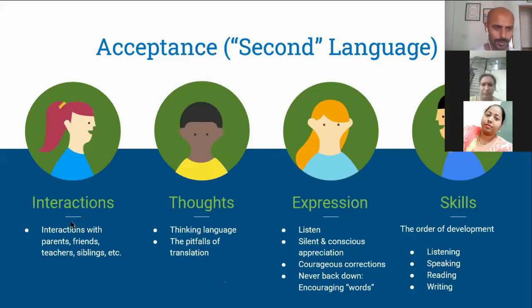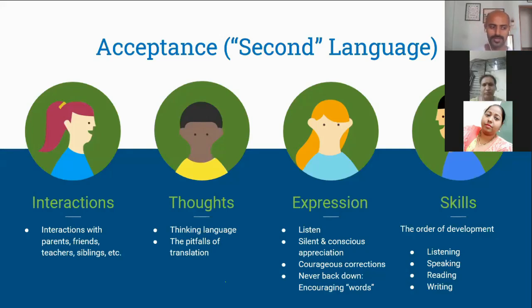Okay, so you interact with different people, and depending on the kind of interactions, you understand the importance of that language. So, for example, if you are in a society where English is looked down upon by society, but by schools it is considered important, and people feel, okay, yes, you have to know English to get a job and stuff like that.